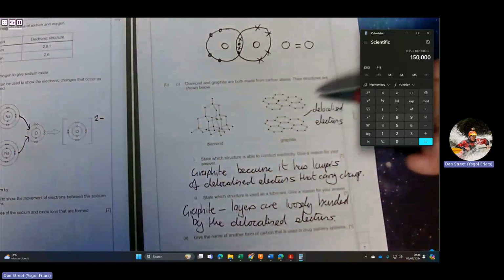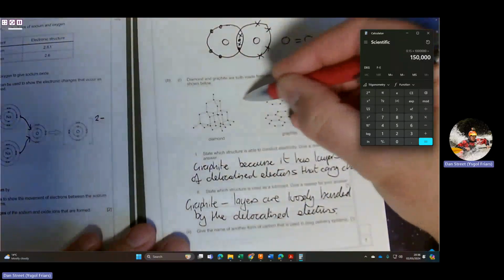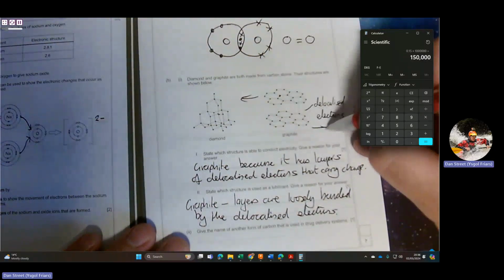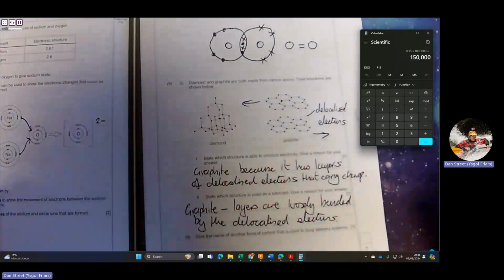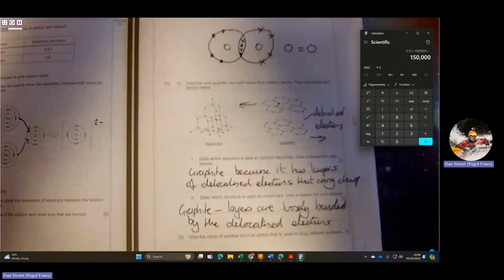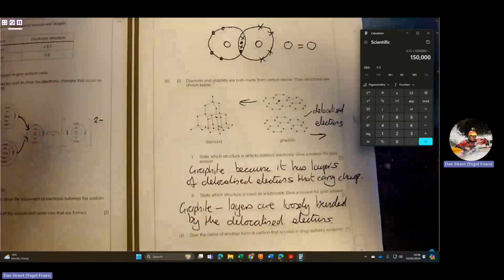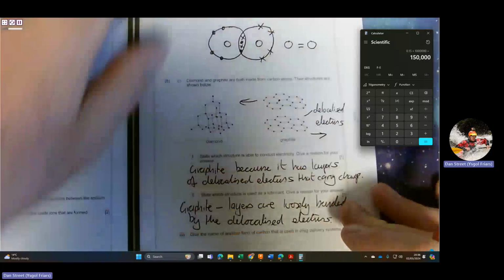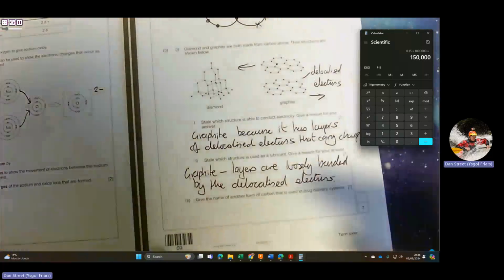So this layer here can slide that way easily compared to this layer here, and consequently this material can be used as a lubricant for fine machinery. Oil is too sticky, if you like. Graphite can be used in things like clockwork watches.